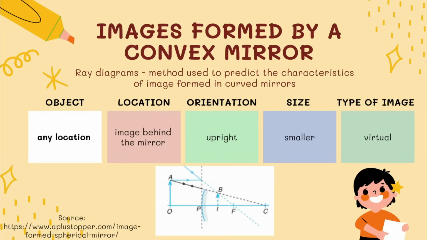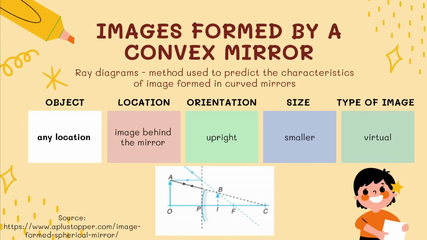When we are drawing, it's a bit difficult to identify the exact location of the image, as well as the exact size of the image. However, luckily, thanks to math, we are able to identify the exact location and the exact size of the image formed through equations. And we call these equations the mirror equation and the magnification equation.